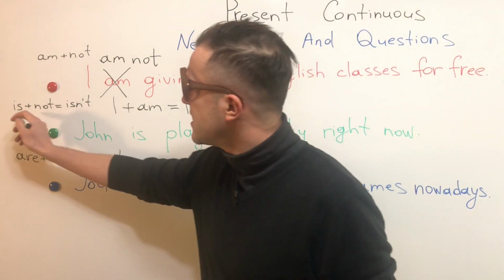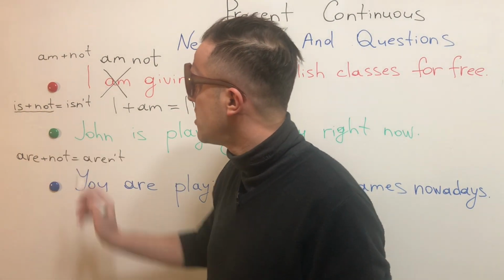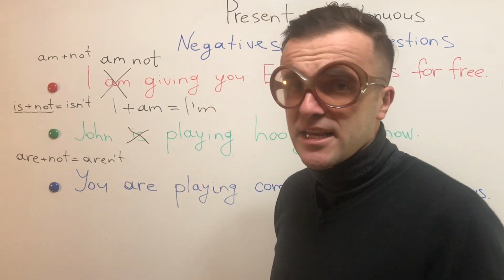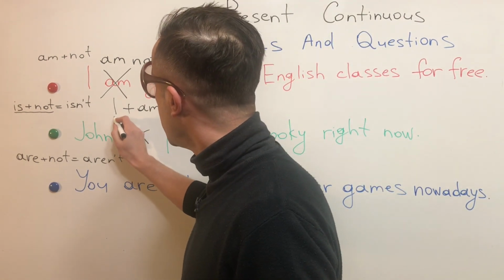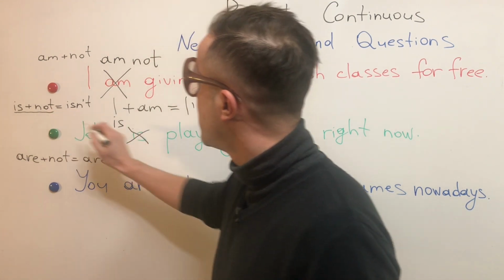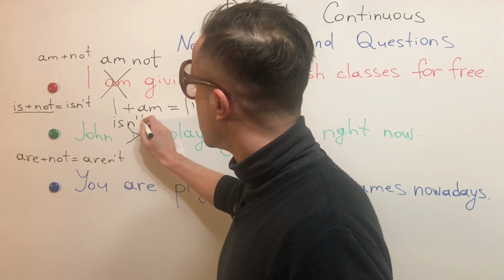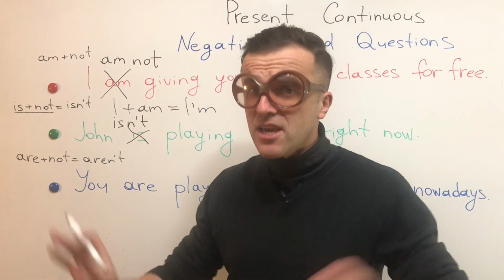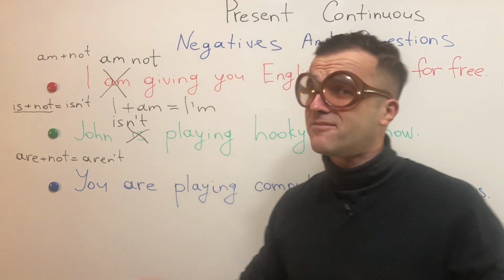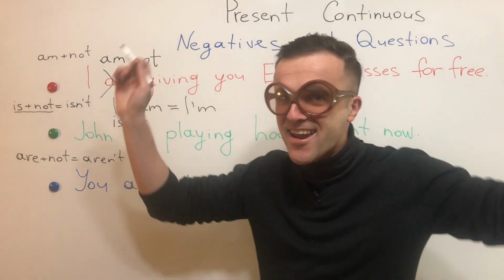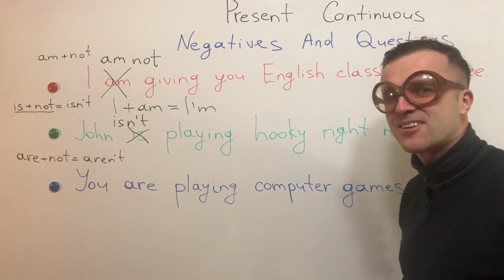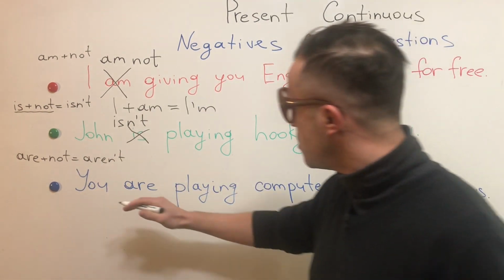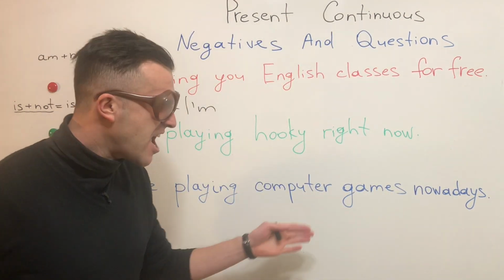So you see that is plus not gives isn't. So we can cross out the word is and put isn't. Alright? John isn't playing hooky right now. He is such an obedient guy. He is visiting all my classes. Hooray! John, good job.